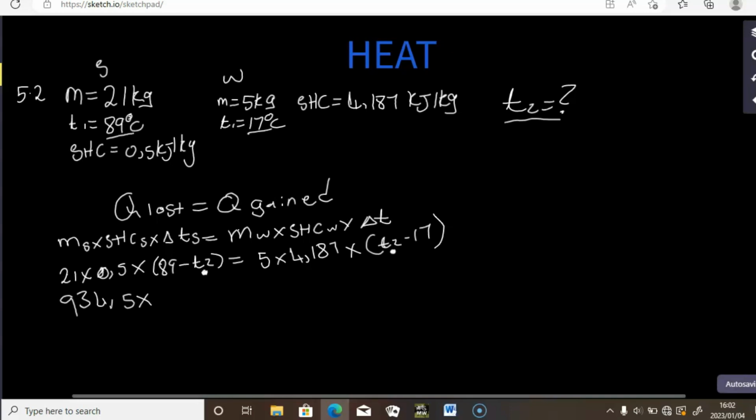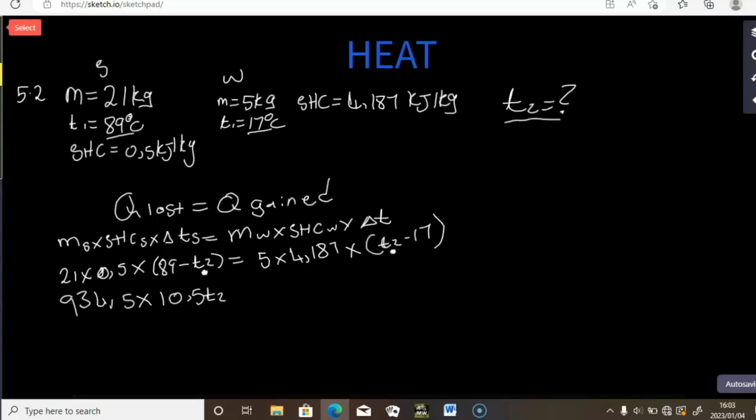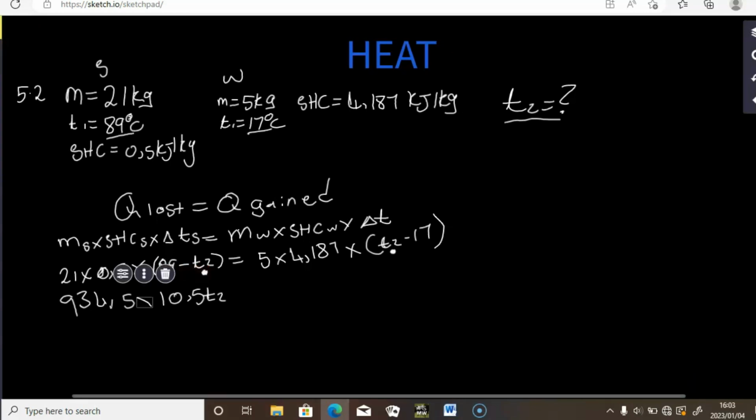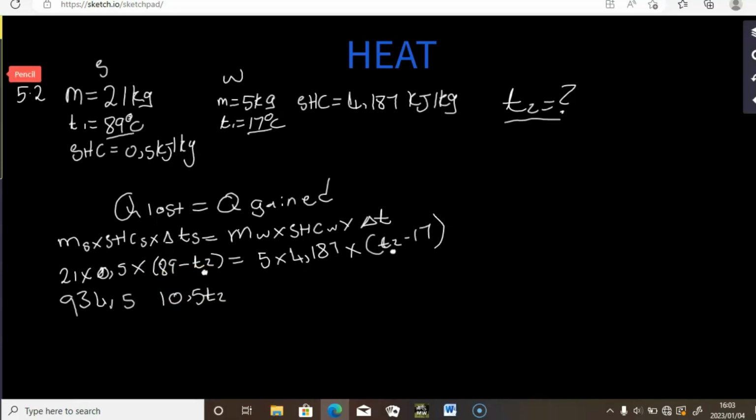Then we're going to say 21 times 0.5 times negative T2. It's basically 21 times 0.5, which will give us 10.5 T2. It's a negative here. This is not a multiplication sign, it's supposed to be a negative sign. I'm going to remove this multiplication sign and have a negative.